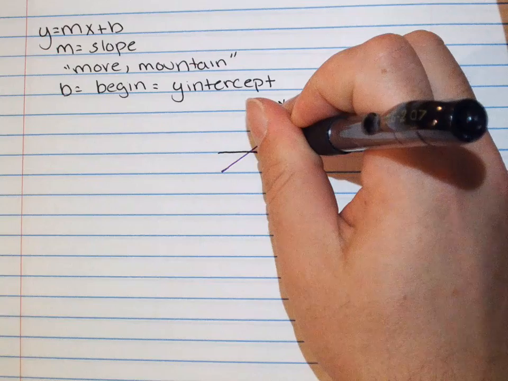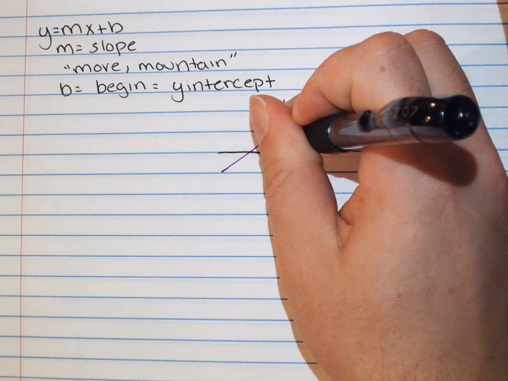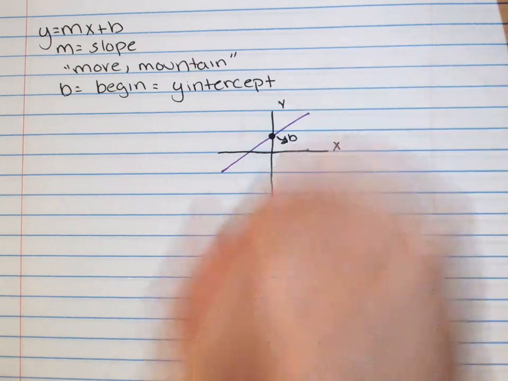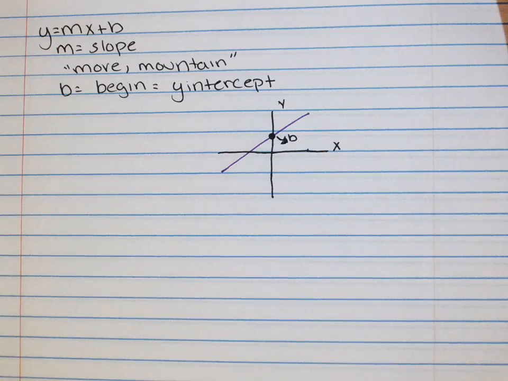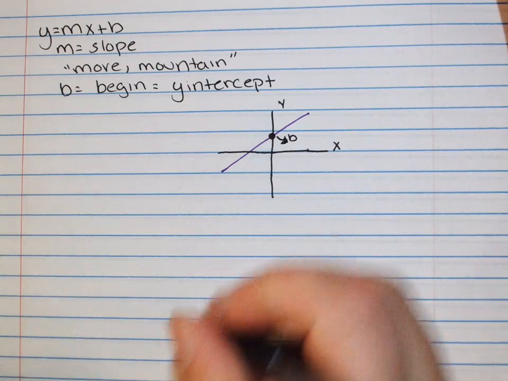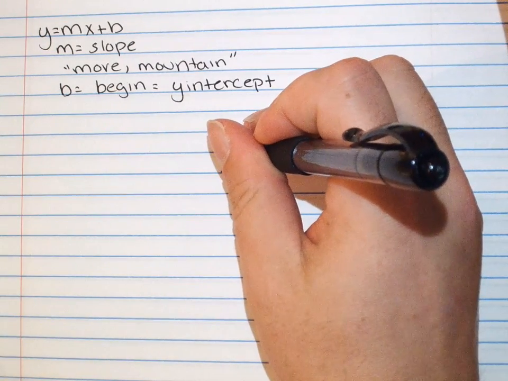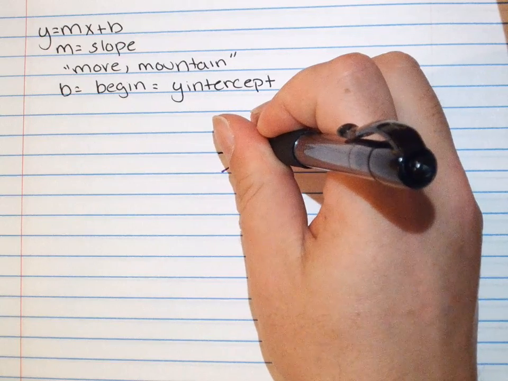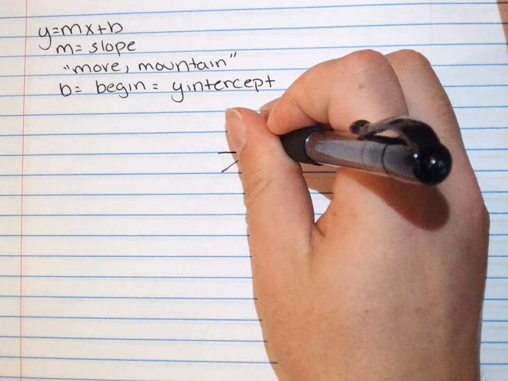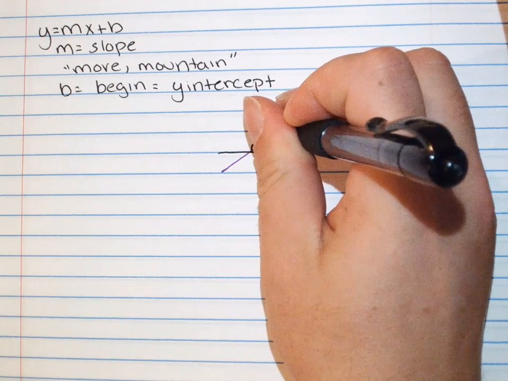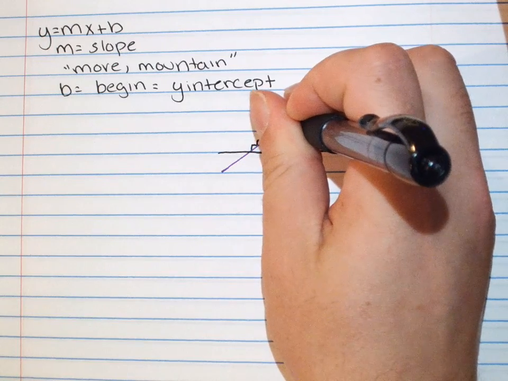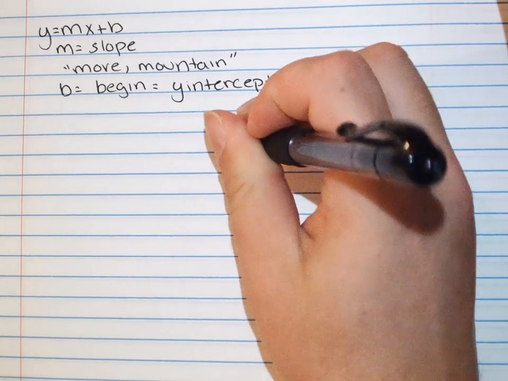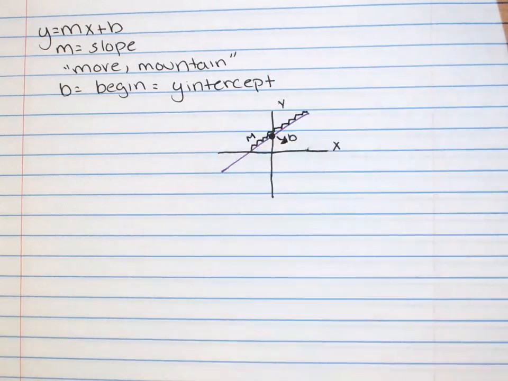And I should make that arrow better so it's easier to see. That's b. That's where our graph begins. And this is our slope. This is m, or how our graph goes up. So we need these two pieces.